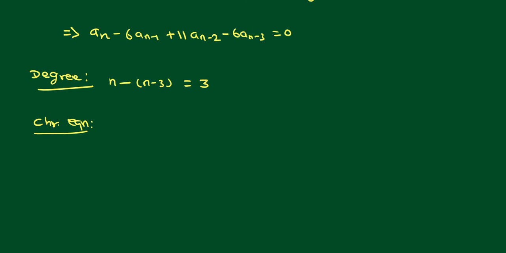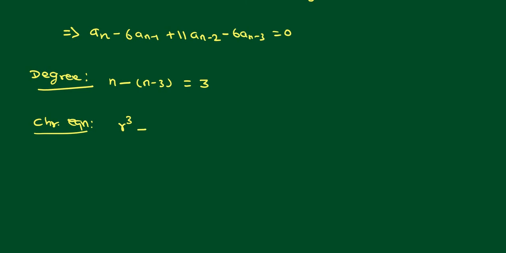And how can you write the characteristic equation? It is simple. You start with the maximum suffix term, which is a_n; for that you put r power 3. As I told, degree 3 means a 3-degree polynomial comes as the characteristic equation.